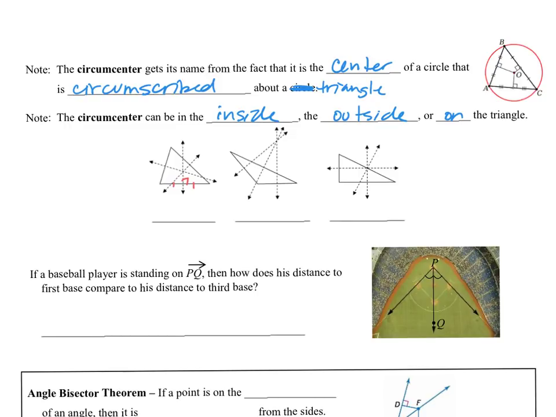We could do that with all three segments, it's just that the picture gets pretty messy. So even though it's not marked, every one of these dotted lines is a perpendicular bisector of a side of the triangle, and they meet at a point called the circumcenter. For this triangle, let me draw the circle that would be circumscribed about it. We can see how the circumcenter is the center of that circle. And for this triangle, which happens to be an acute triangle, that circumcenter will be in the center.